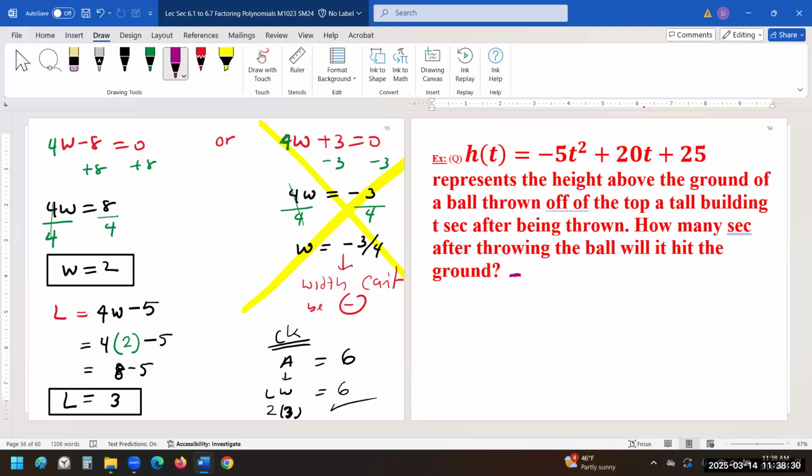H of t, blah, blah, blah, represents the height above the ground of a ball thrown off the top of a tall building t seconds after being thrown. So we have a building.